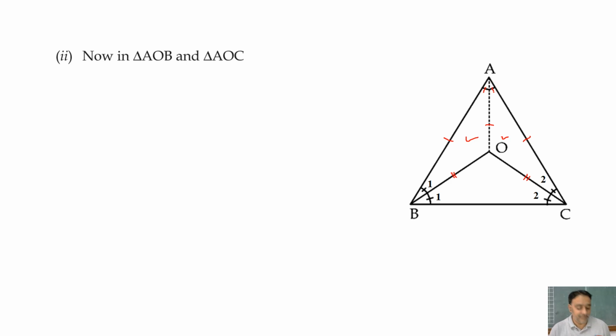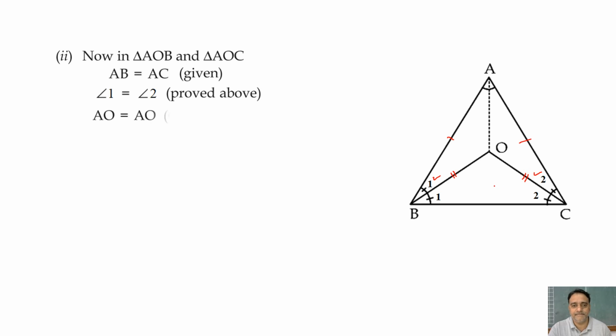This is one way. Another way, look carefully at the second method: AB is equal to AC, given, angle 1 is equal to angle 2, proved above, and OB is equal to OC. This is also proved above, right?